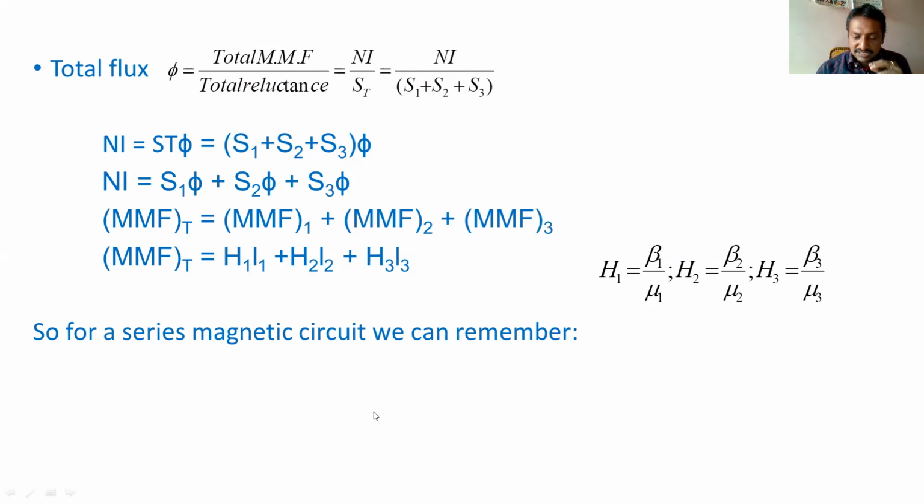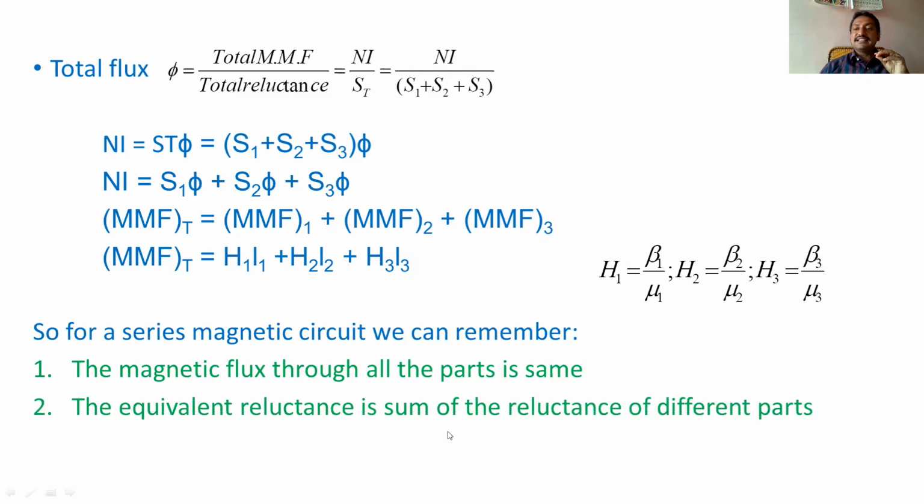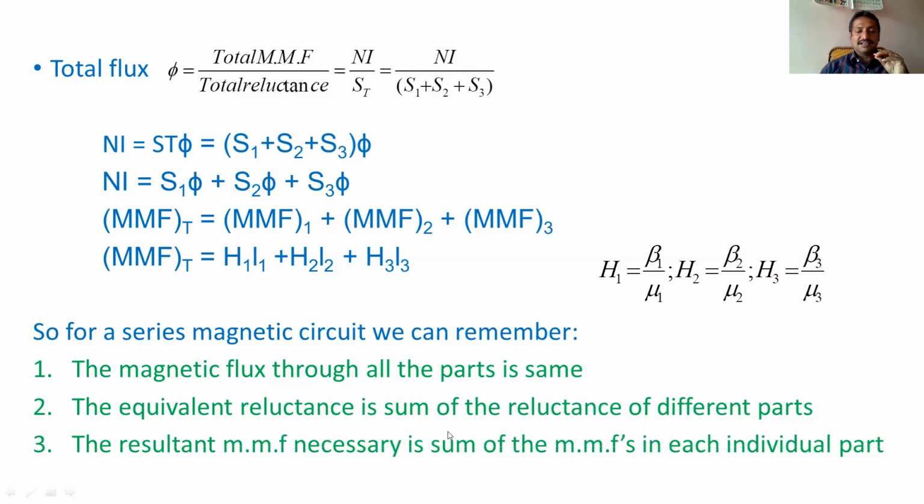In a series magnetic circuit, we can remember the magnetic flux through all the parts is the same. Just as in a series circuit the current is the same, similarly the magnetic flux is the same. The equivalent reluctance is the sum of the reluctances of the different parts. Just as total resistance equals the algebraic sum of resistances, similarly here also S total is equal to S1 plus S2 plus S3.